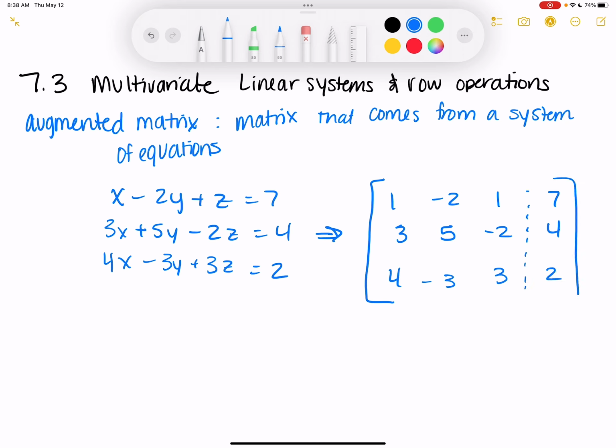The stuff on this side of the dotted line is your coefficient matrix. And then these are the solutions. The dotted line doesn't have to be there, but it shows you where the equal sign is in the equation. If a piece was missing, we put a 0 in for it.